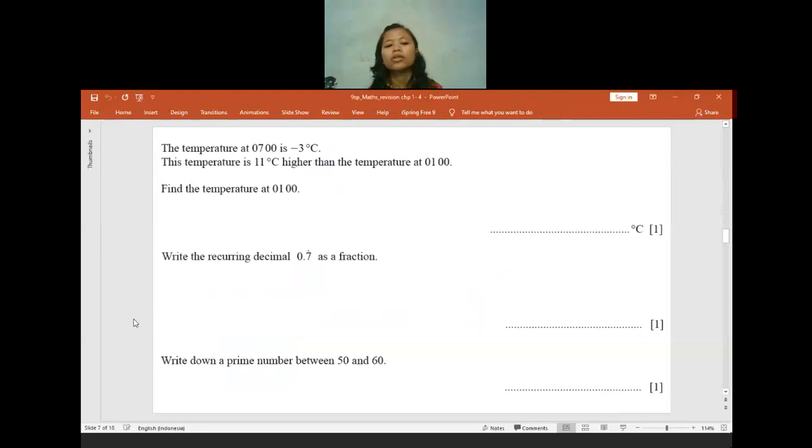Okay, now this question. How many degrees will it be at 1 o'clock? I think it is going to be 8 degrees Celsius. Are you sure?